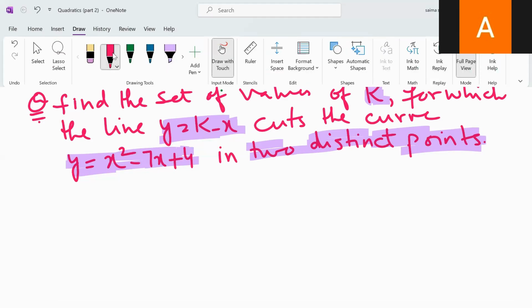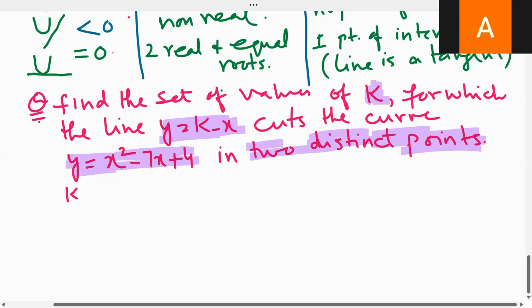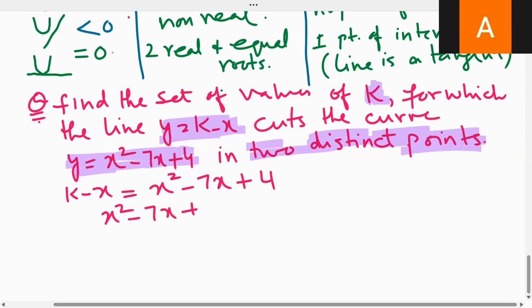So you will write k minus x equals x square minus 7x plus 4. Now you will take everything to the other side, transforming into a single variable by eliminating the variable y.